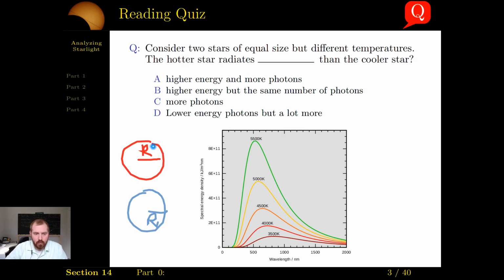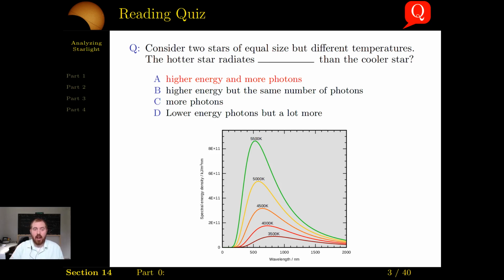I have 2 stars. They are the same radius, same diameter, but one of them is hotter than the other. And so what's happening is the hotter one, because it's hotter, remember, you glow energy. The hotter you are, the more energy you're radiating off. So the question is, well, how does that affect, say, the number of photons? And everyone seems to have gotten it.